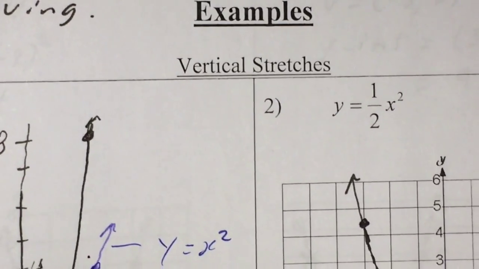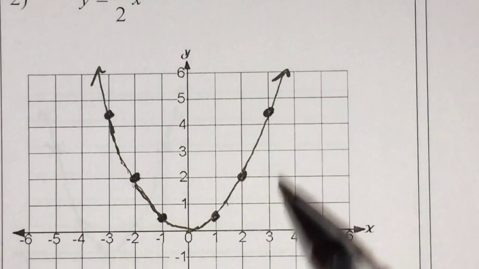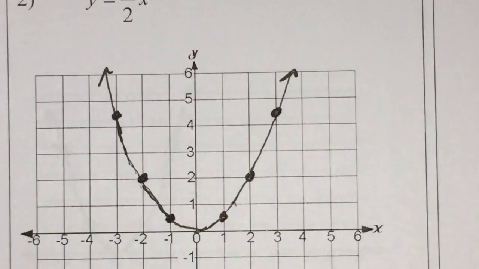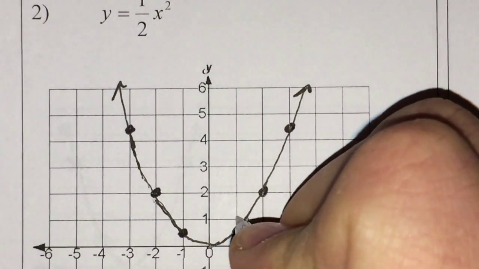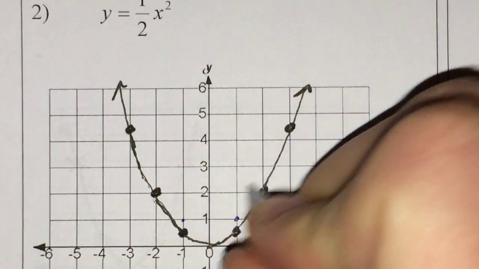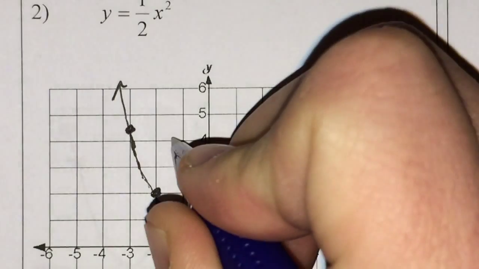Y equals 1/2 x squared is the same idea, but it's going to go up less fast. Y equals x squared would be going up faster, 2 and 4.